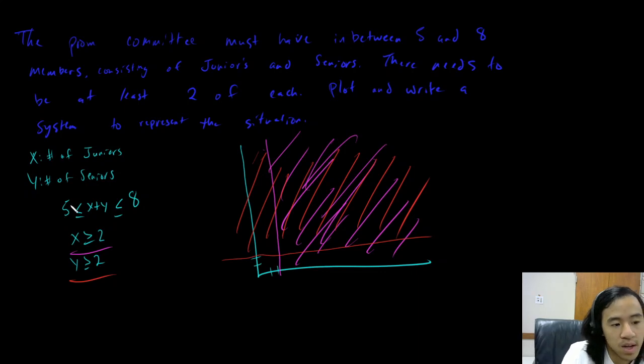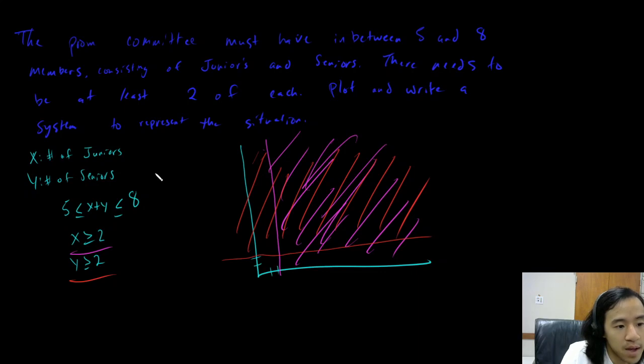And now this is kind of interesting. So x plus y is in between these two. I'm actually going to go ahead and split this up into 2 different ones. You can think of this in 2 different ways. The way I like to think of it is this as two separate inequalities.